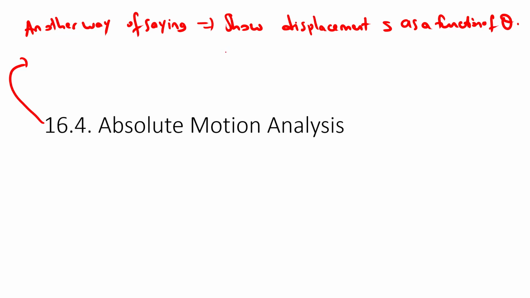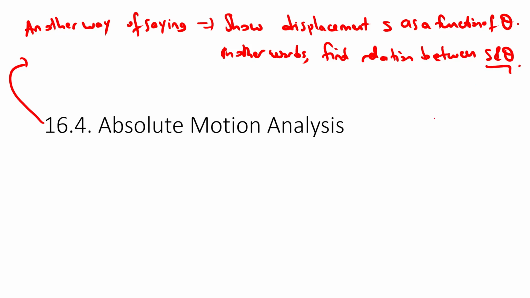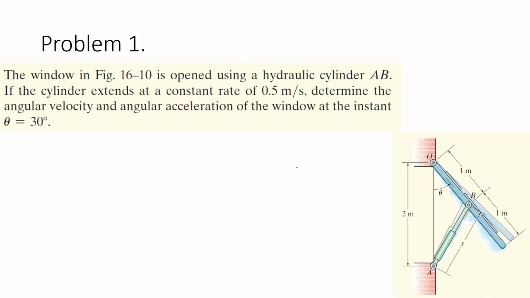So in other words, find the relation between S and theta. That is what the absolute motion analysis means. So if you solve a simple problem here, we can see the application of it.